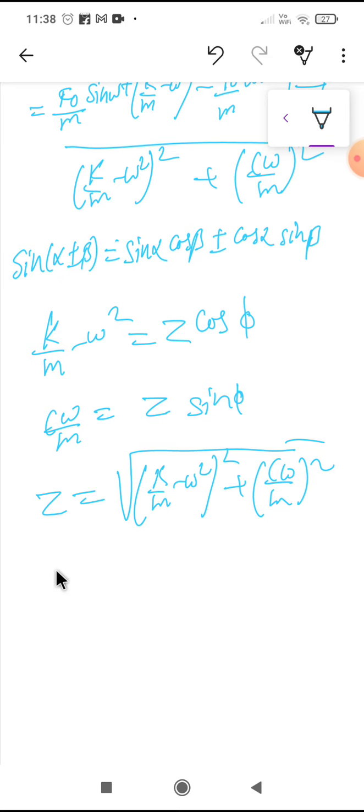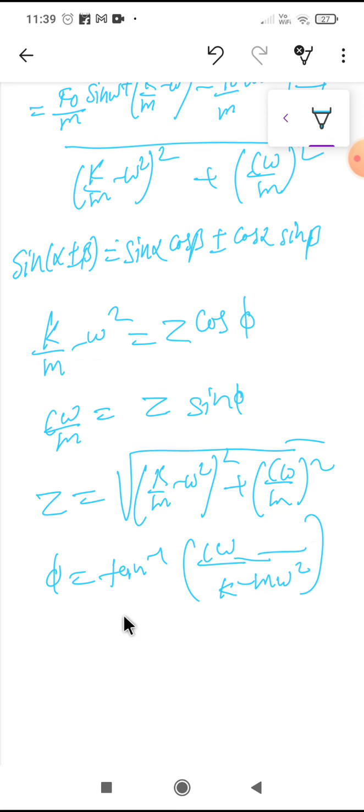Similarly, phi will be equal to tan inverse of sine by cos, that is c omega by m divided by k by m minus omega square.